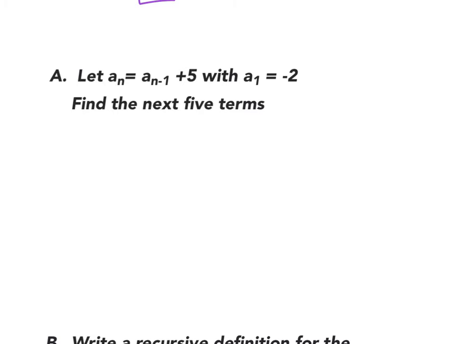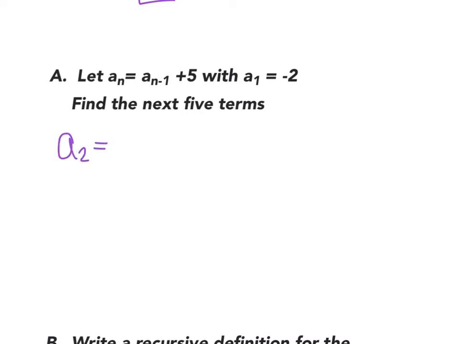So we recall that a sub n minus 1 is the previous term. Now if you just follow the simple pattern, it's really not that difficult. They're giving us a sub 1. So in a recursive pattern, you just need to find the next number. Well, a sub 1 is the first term. That's what the 1 is representing. So the next logical number to find would be a sub 2.